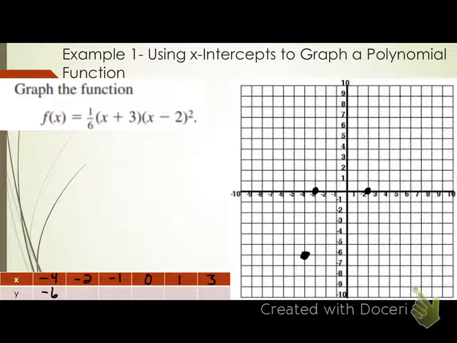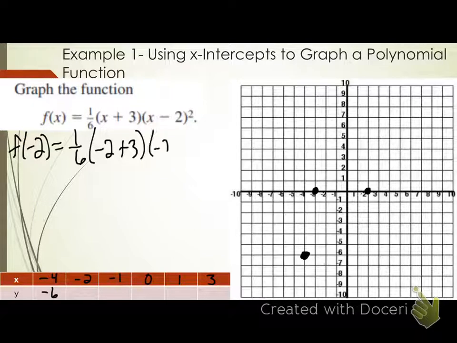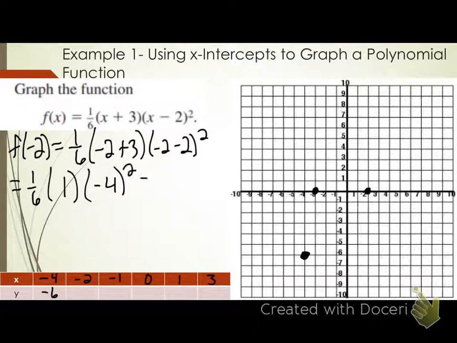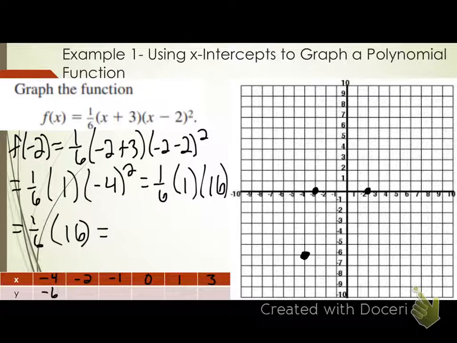Now I need to plug in -2. -2 plus 3 is 1. -2 minus 2 is -4. Negative 4 squared is positive 16. 1 times 16 is 16. And then 1/6 times 16 would give me 16 over 6, which reduced down would give me 8/3.